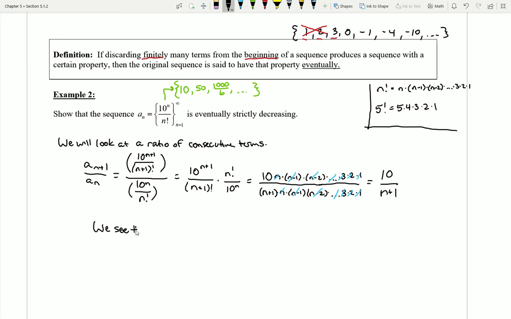But I can say that we see that 10 over n plus 1 will be less than 1, indicating strictly decreasing for values of n where? Well, notice if I pick values of n at 10 or higher, I can make the denominator always larger than the numerator.